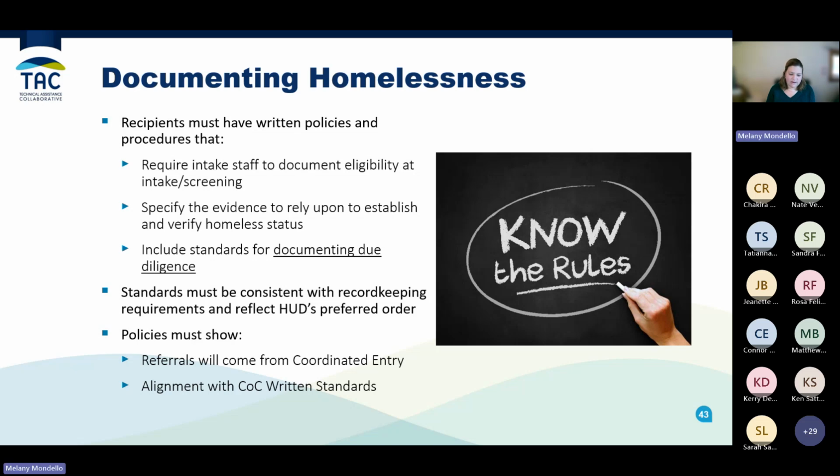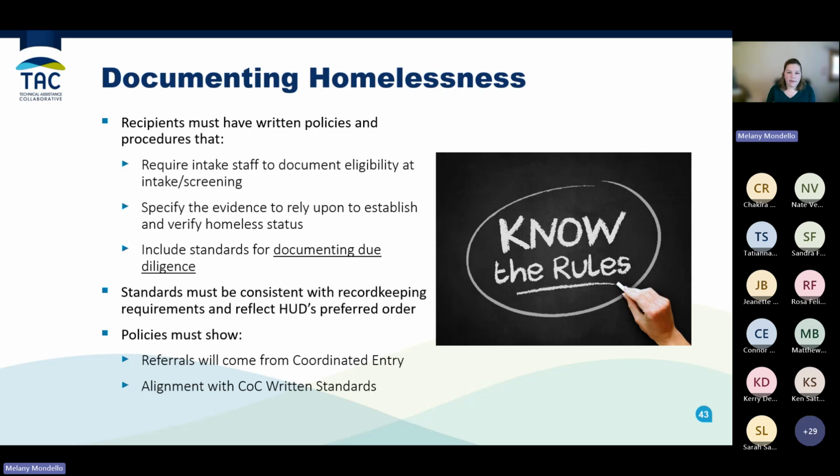Everyone coming into a CoC program or ESG project has to prove some type of homelessness for the definitions we talked about during the first half of this training. So you have to have policies about who's going to do that, what eligibility you need, and where that's going to live. What is the specific way that you're going to prove that in writing?